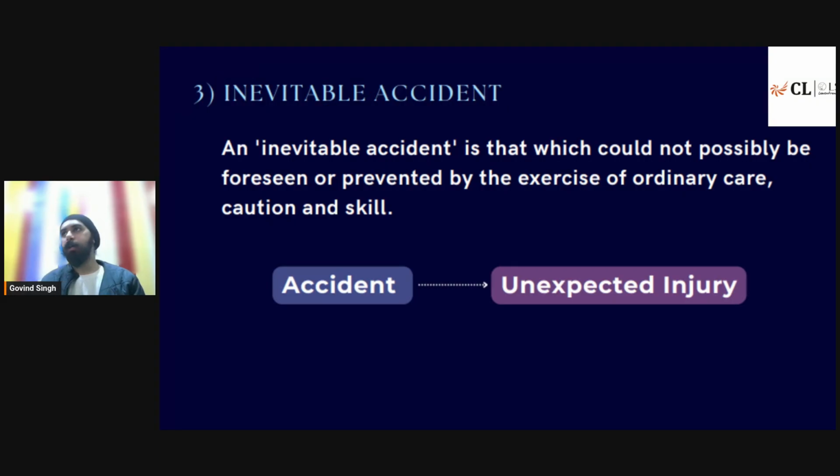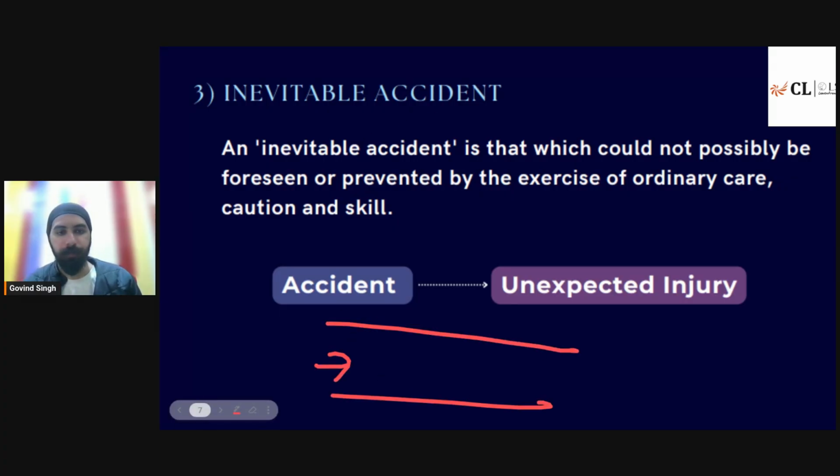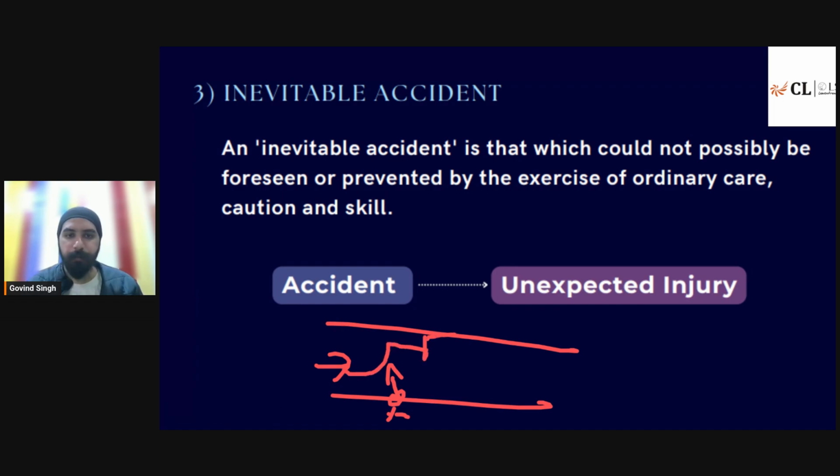Okay, so another example of this could be, let's again take a road example. Let's say you are driving on a road in your car, and suddenly a kid comes running on the road, and you press the brakes really hard, but your car swerves and hits another car.